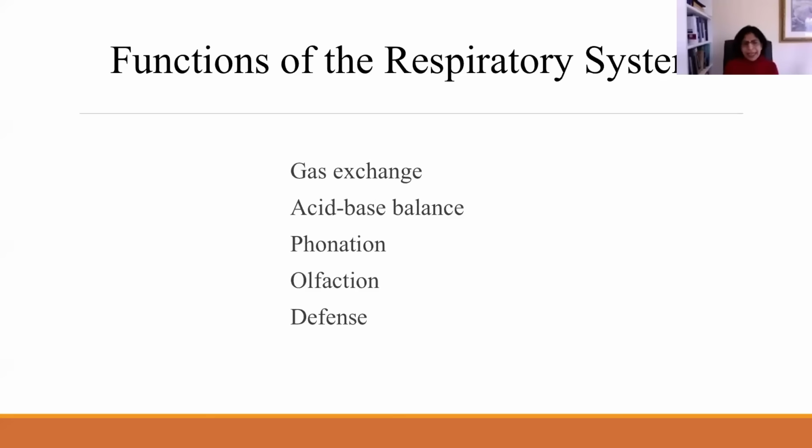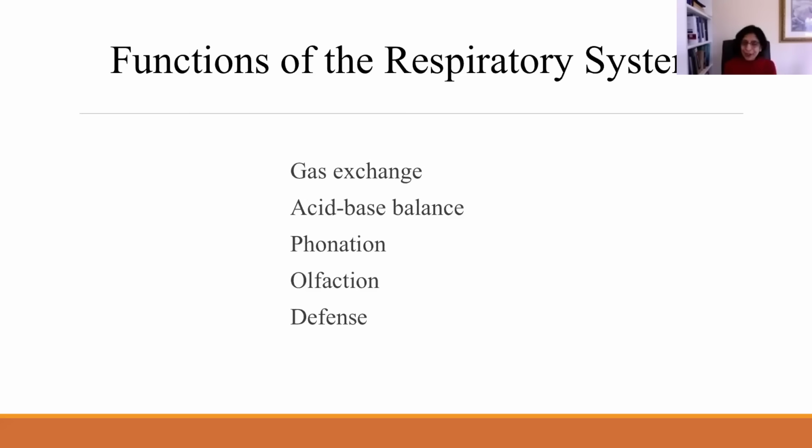Acid-base balance is yet another important function of the lungs. By regulating the breathing rate, we can control the amount of CO2 that we lose or retain. Okay, so how CO2 helps with the acid-base balance is where we need to talk about CO2 regulating hydrogen ion concentration.